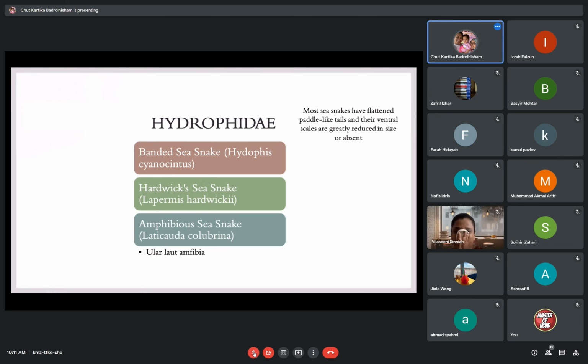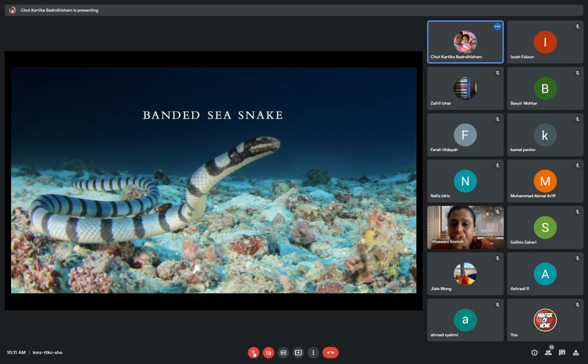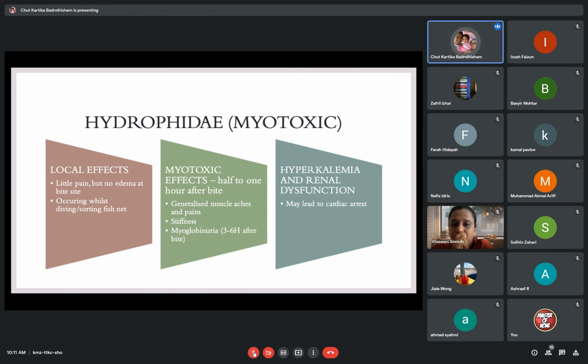The examples are the banded sea snake, hardwicke's sea snake, and also the amphibious sea snake. Here you can see a very beautiful sea snake, the hardwicke's sea snake. Sea snakes, as I mentioned just now, are most commonly found in the deep sea, for example in Sabah or Sarawak. In Kedah they are uncommon.